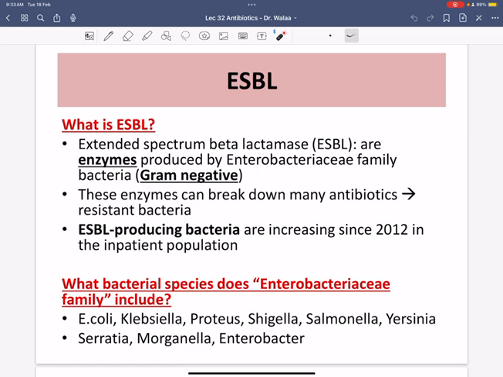So we're not talking about all gram-negatives, but a subgroup of the gram-negative bacteria, for example Klebsiella, E. coli, Proteus, Salmonella, Shigella, Yersinia, Serratia marcescens, etc. As we said, they produce beta-lactamase, so most beta-lactams won't work to cover ESBL positives. The drug of choice would be carbapenems.